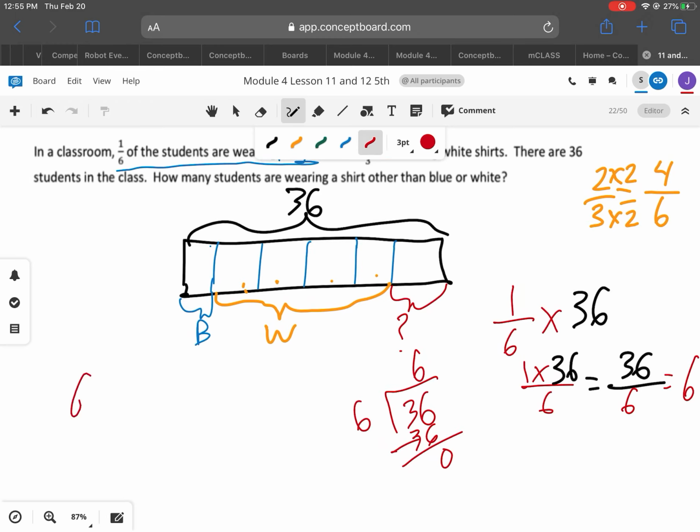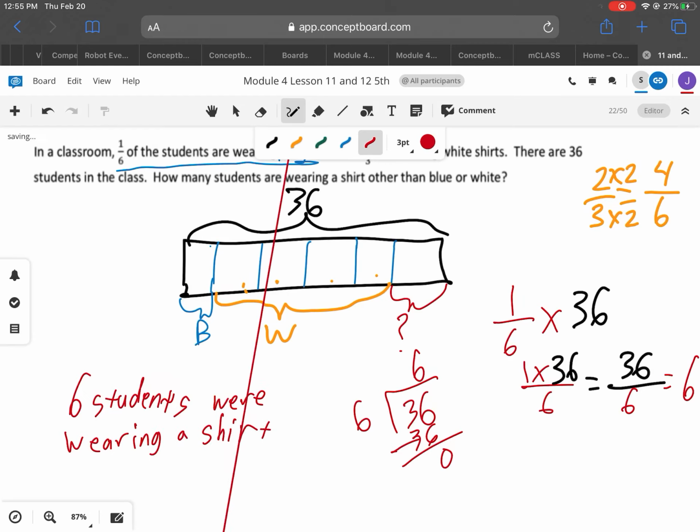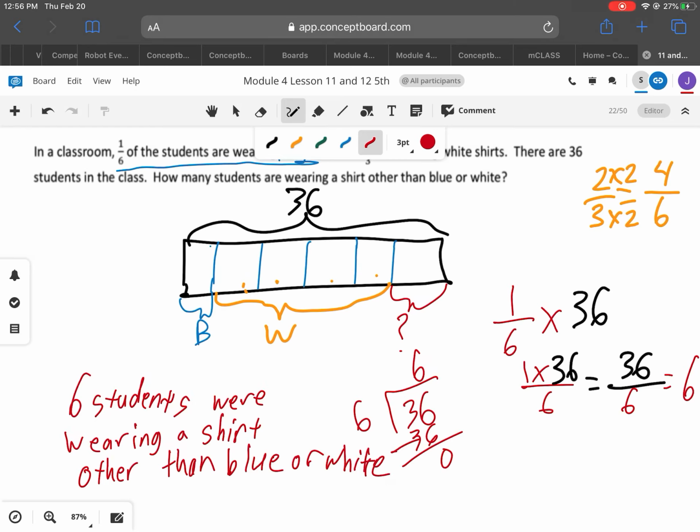All right, so my answer is 6 students were wearing a shirt other than blue or white.